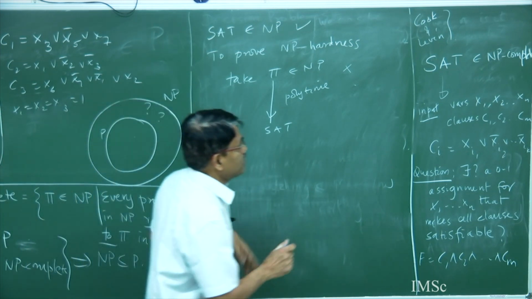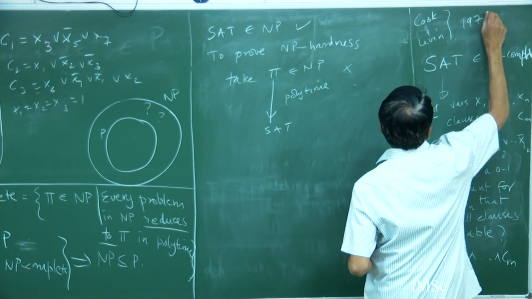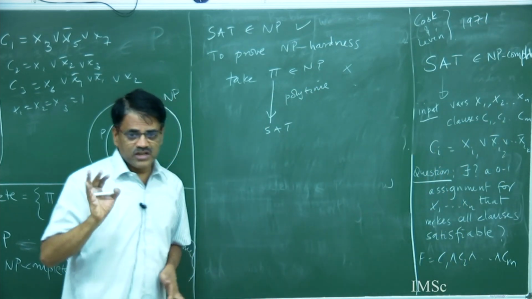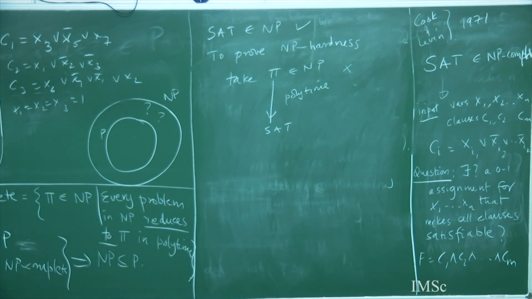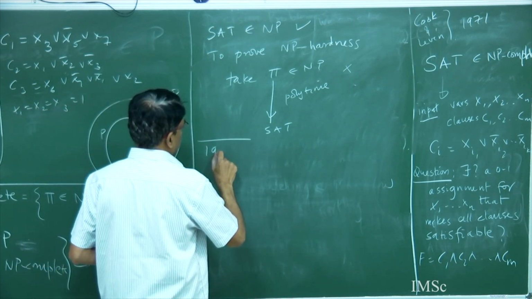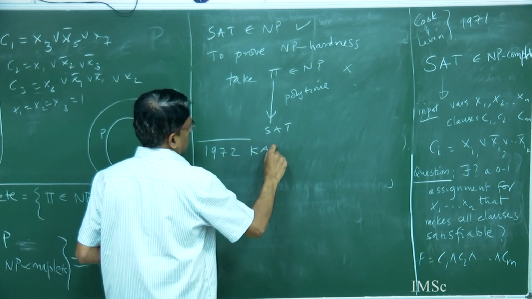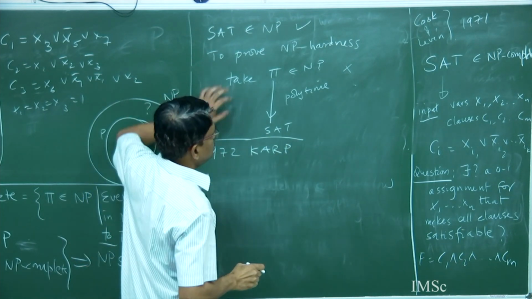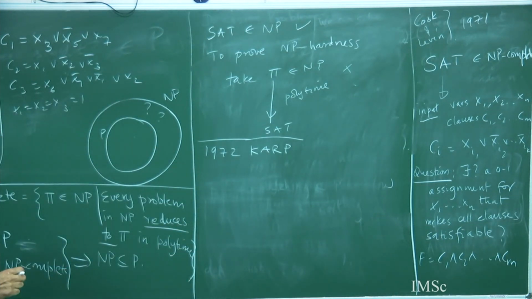Okay. By the way, when Cook and Levin wrote this in 1971, there was no notion of NP completeness or anything. The paper of Cook is called Complexity of Theorem Proving Procedures or something like that. And in 1972, Richard Karp found that actually this result is a gold mine, and he showed about 20 plus problems NP complete.